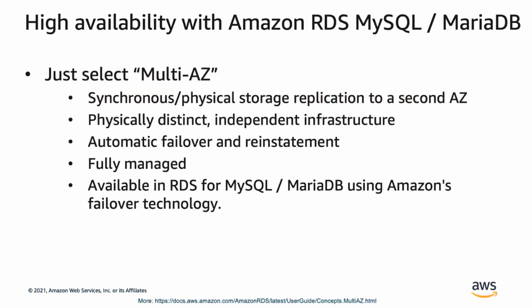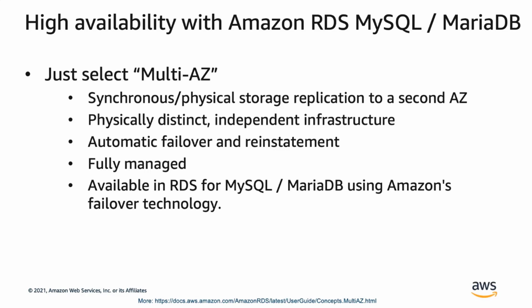So how do we achieve high availability? With Amazon RDS for MySQL and MariaDB, it is absolutely as simple as selecting the Multi-AZ checkbox option when you're creating or modifying your servers. When you select Multi-AZ, that is going to add synchronous replication to a second availability zone inside your Amazon network within a region.